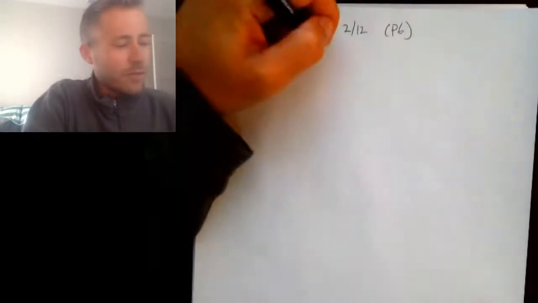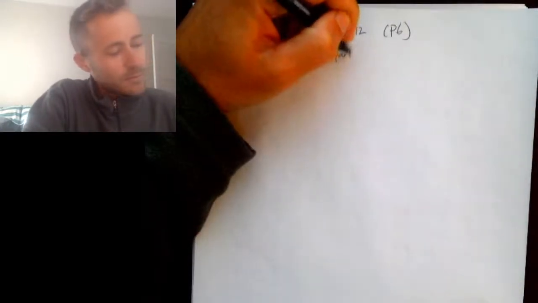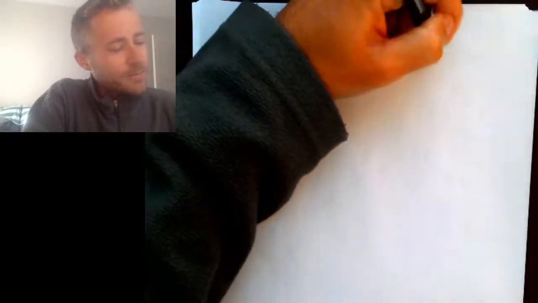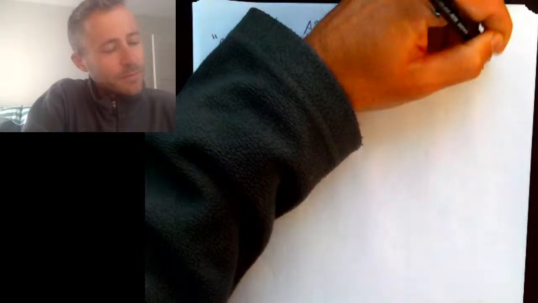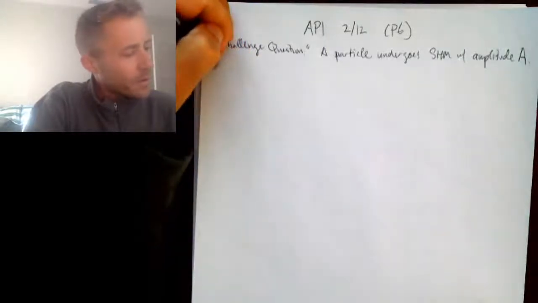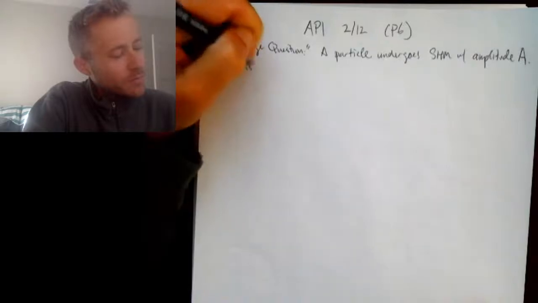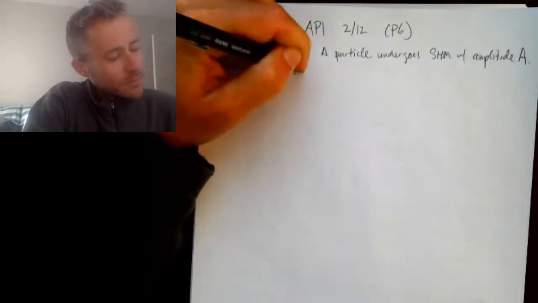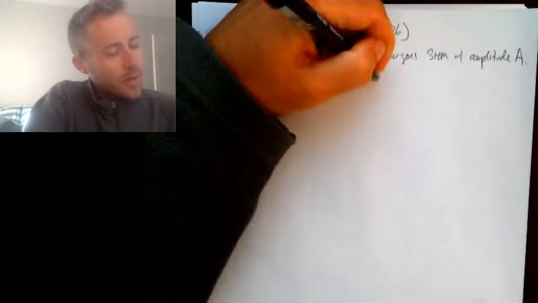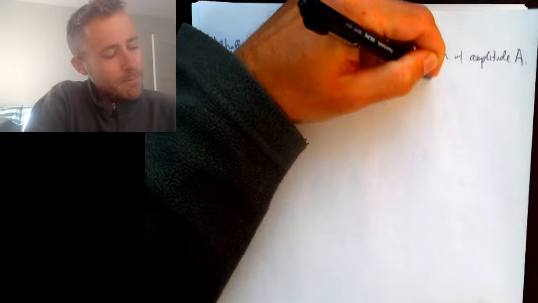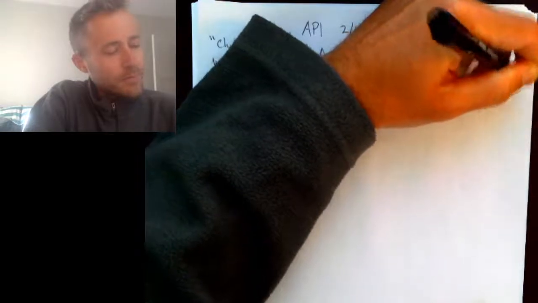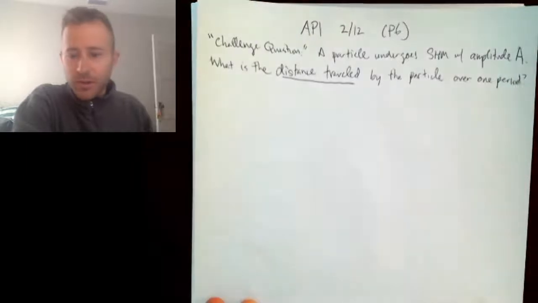Let's suppose you have a particle that undergoes SHM with amplitude A. What is the distance traveled by the particle over one period? If you think you know the answer, go ahead and type it into the chat.